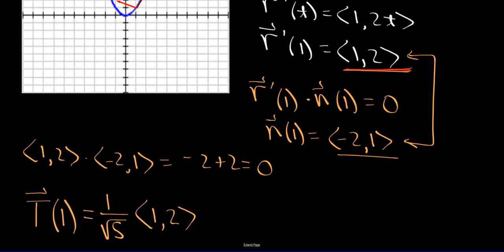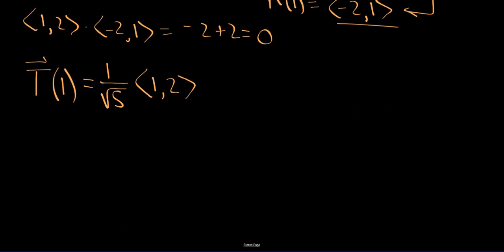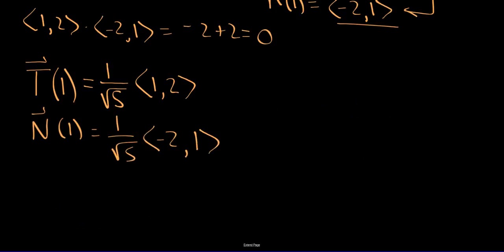If we want a unit vector in the direction of a given vector, we multiply the reciprocal of the magnitude of that vector times the vector. Now, this right here is a unit tangent vector. And we say this is the principal unit normal vector.